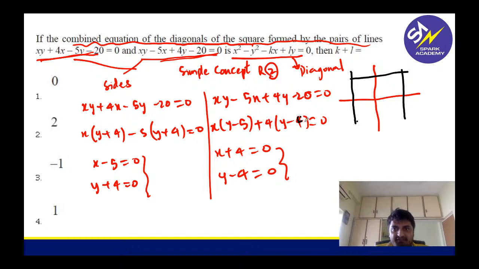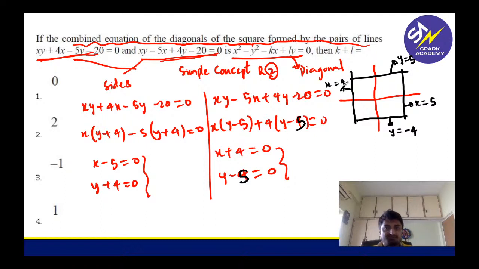This is y equal to 5, this is x equal to 5, this is y equal to minus 4, this is x equal to minus 4, right? This is what we have.